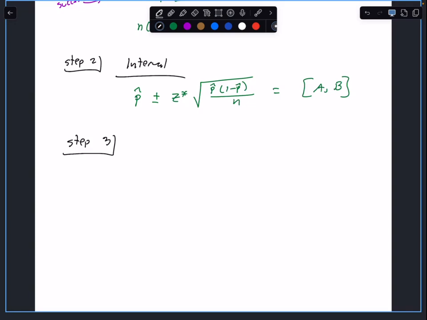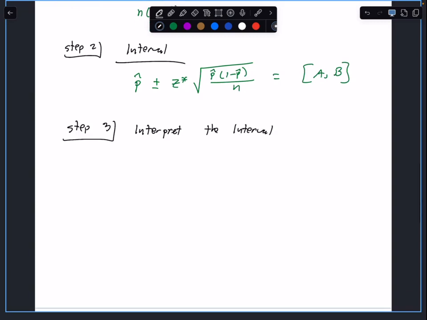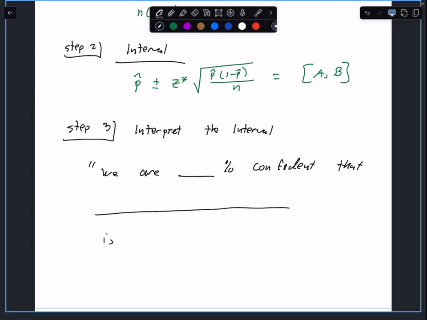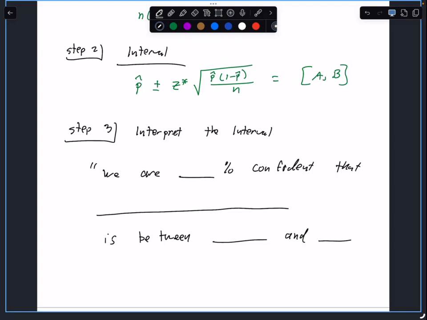Step 3, we are going to interpret the interval. And that's where we use our sentence. We are blank % confident that blank is between blank and blank.